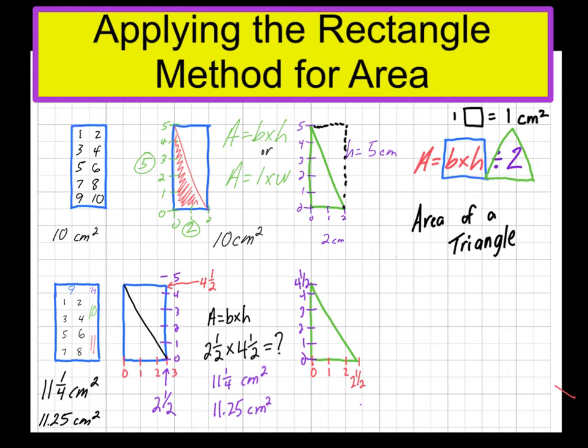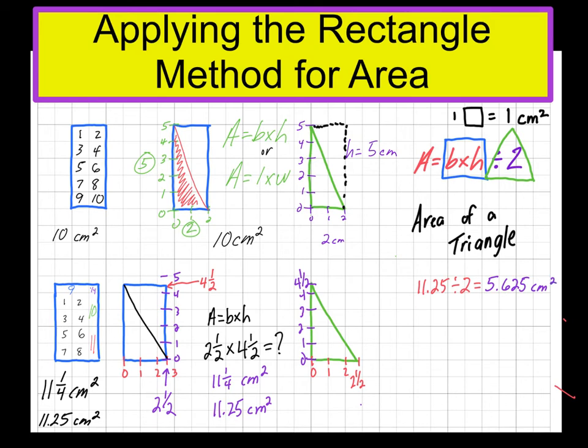So if I write that, and I divide it by 2, because my triangle is half of that rectangle, it gives me the answer of 5.625, or 5 and 625 thousandths centimeters squared.